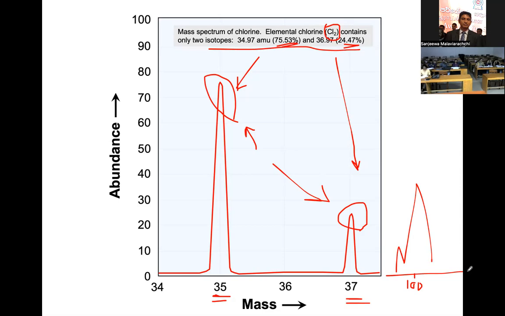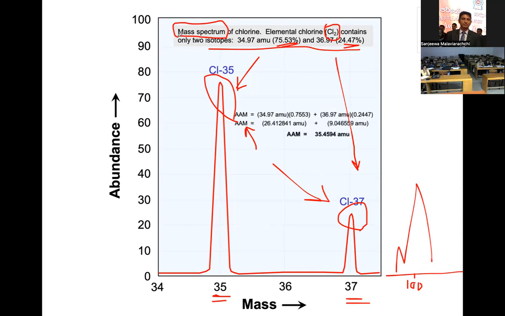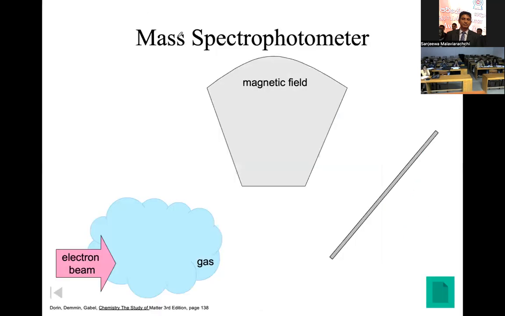So the mass spectrometer is a very important and useful equipment to get the mass spectrum of an element or a mixture, whatever. These are chlorine-35 and 37, with the abundances we calculated before.